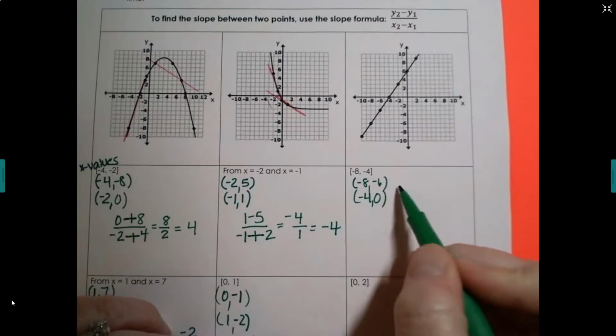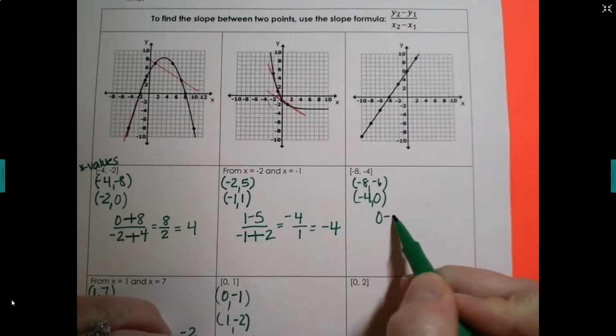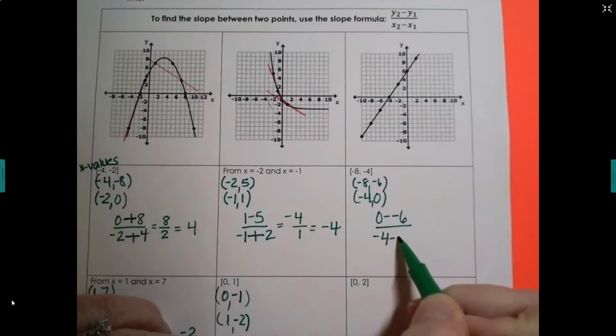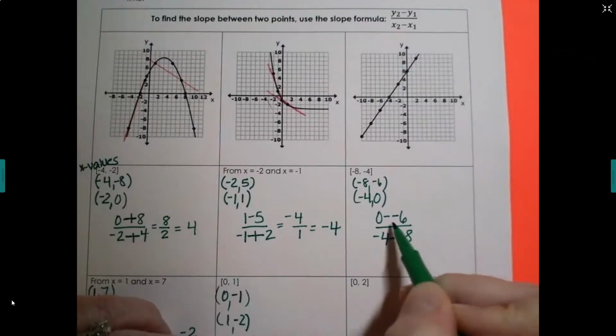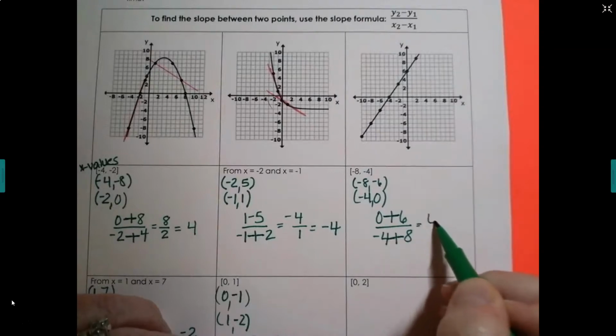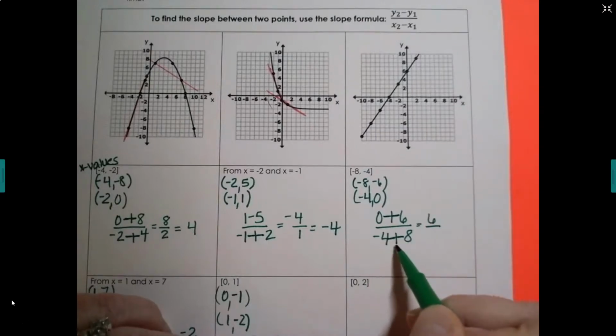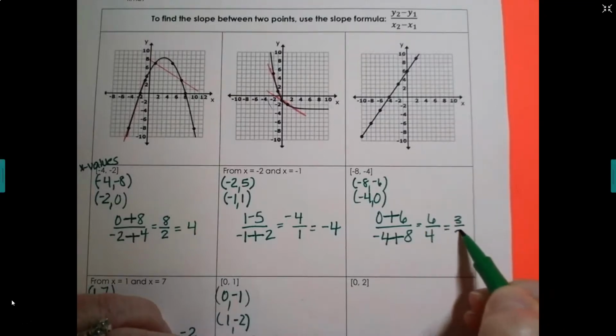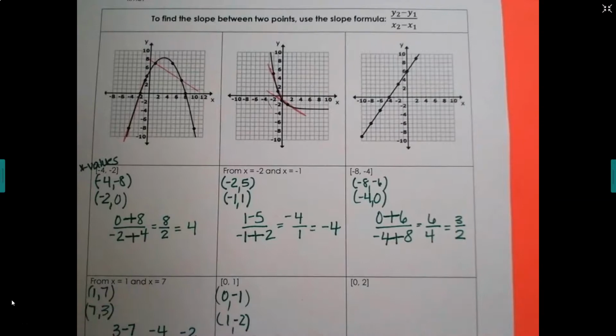So when I calculate it out, I'll have 0 minus -6 divided by -4 minus -8. These become positives. 0 plus 6 is 6. -4 plus 8 is 4. And that's going to reduce down to a positive 3/2.